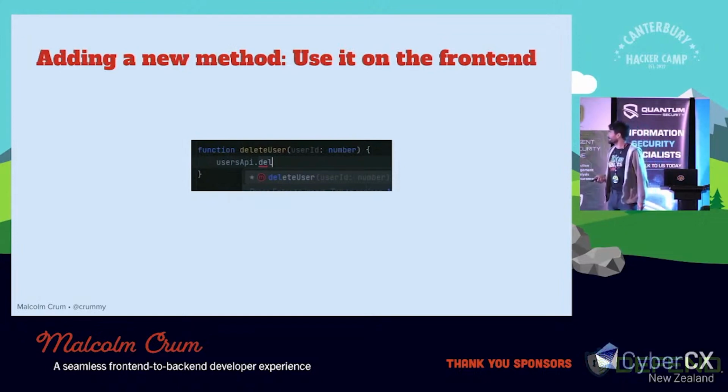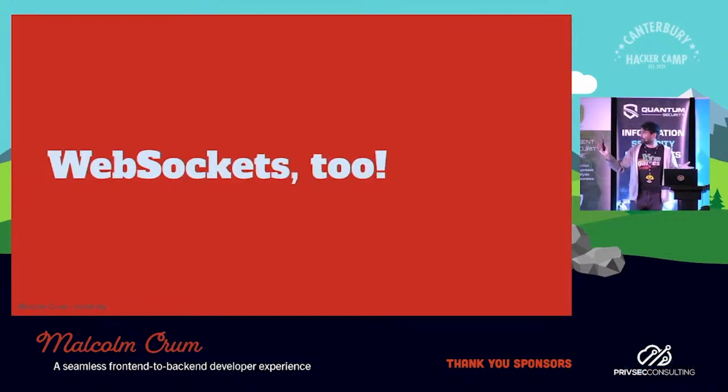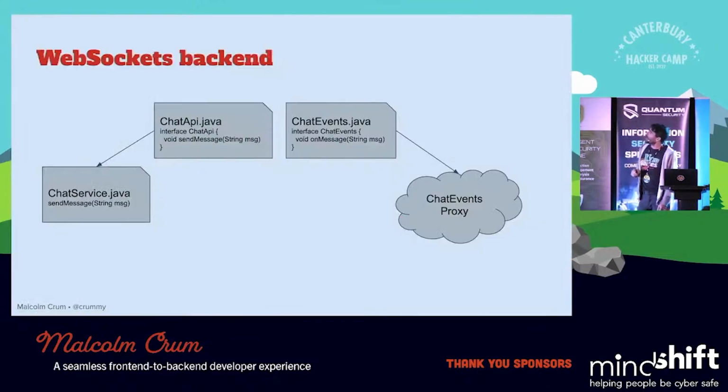If I returned a special object from this, it would be all fully typed. This is relatively simple for an HTTP API, but if you're using WebSockets, which in my experience are normally even hairier to have type safety with, you can perform something similar here as well.